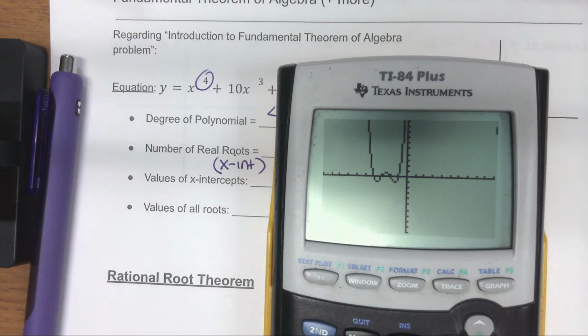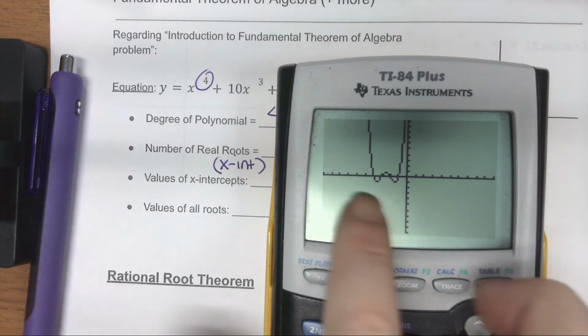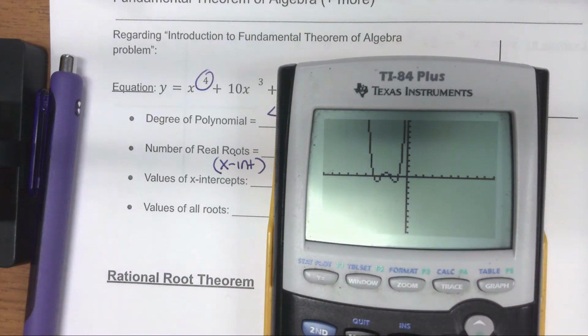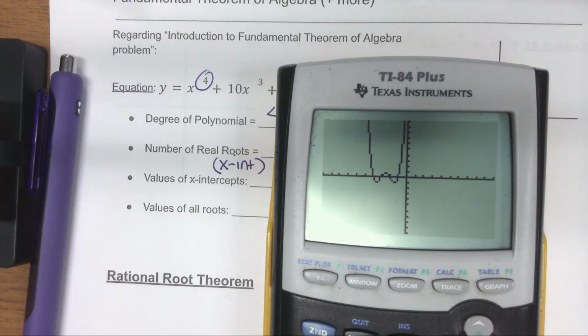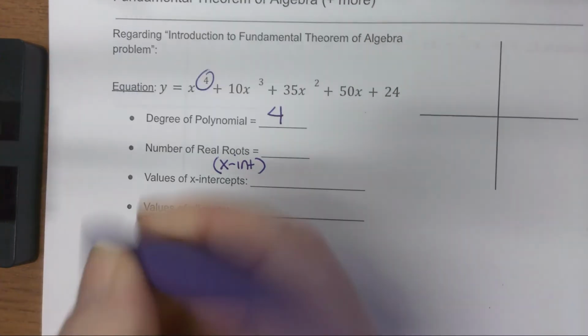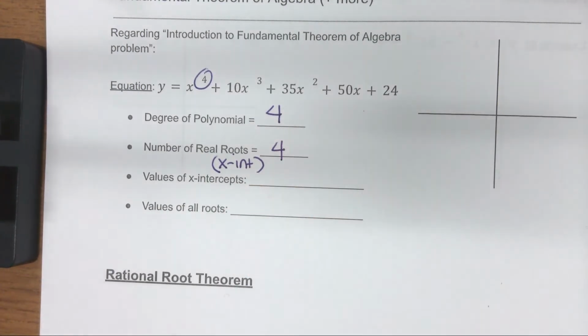Okay, how many times? 4, okay. Tomorrow we're going to go through a whole process of figuring out how many are real, how many are imaginary. Today we're going to say all of these 4 are real, okay?